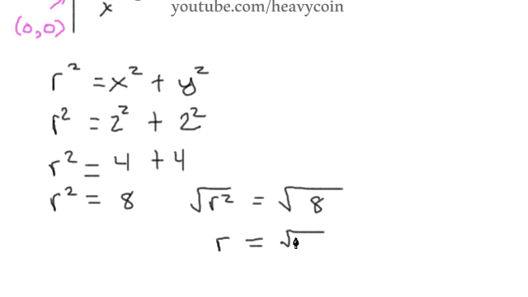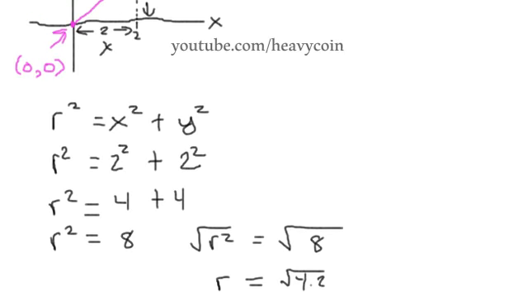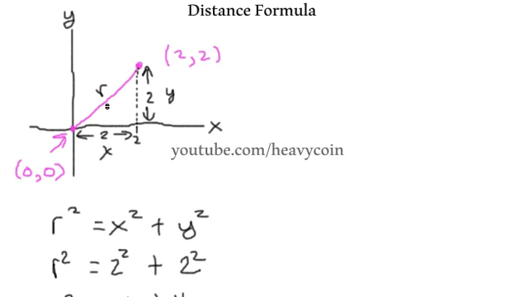Now we can break this up as 4 times 2, which is 8. But you know the square root of 4 is 2. So we end up getting that side of the triangle as 2 times the square root of 2. So this distance here is going to be 2 square roots of 2, right, the distance. Well, we just found the distance between 2 points.